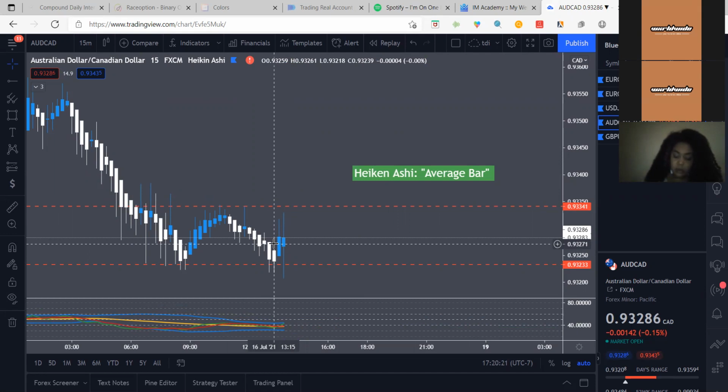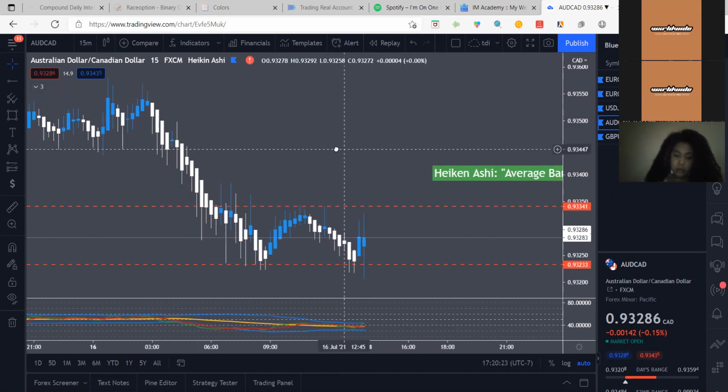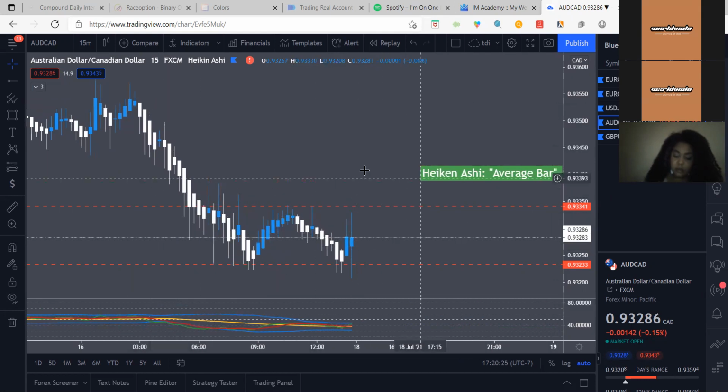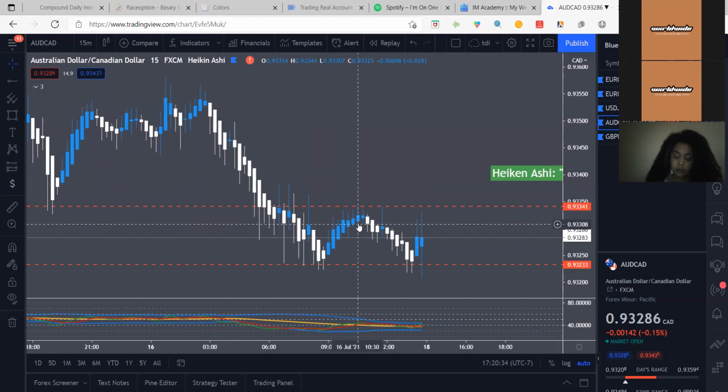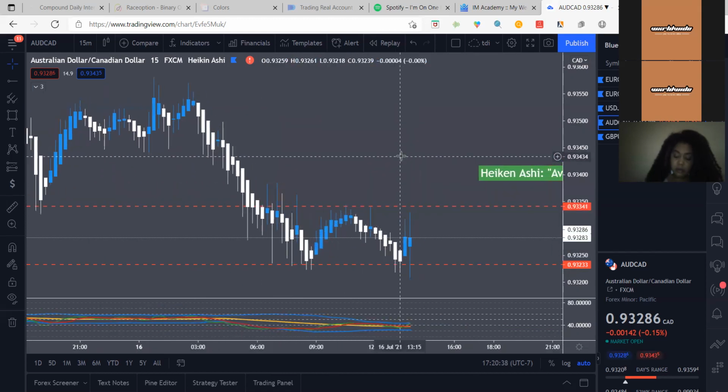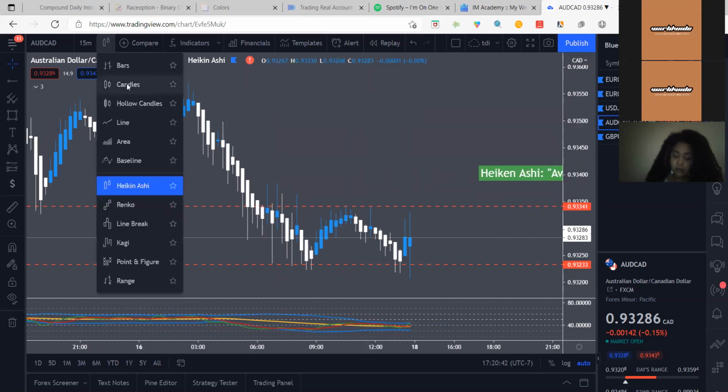Okay, so just keep a visual image of what you see right now as far as Heiken Ashi candles. Right. Again, my white ones are sells, my blue ones are buys. Boom. Okay. Now, look at the candles.